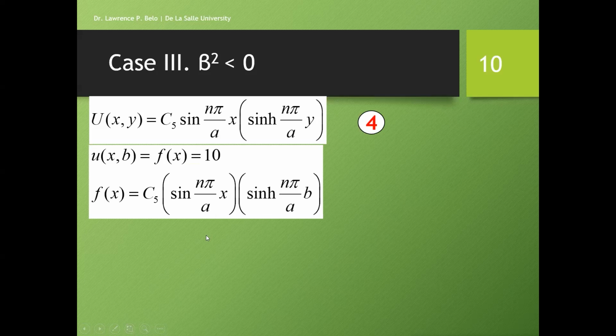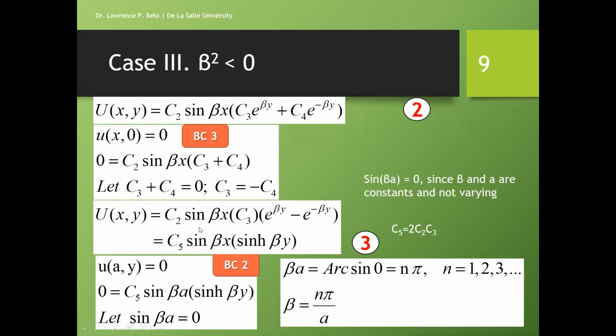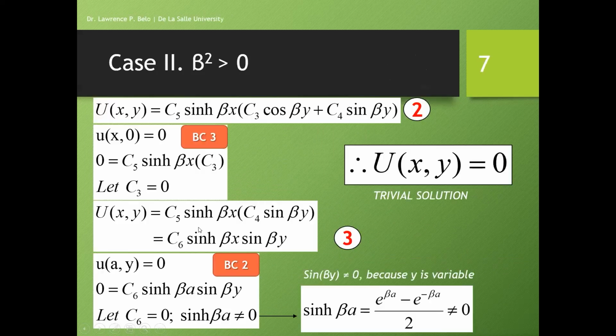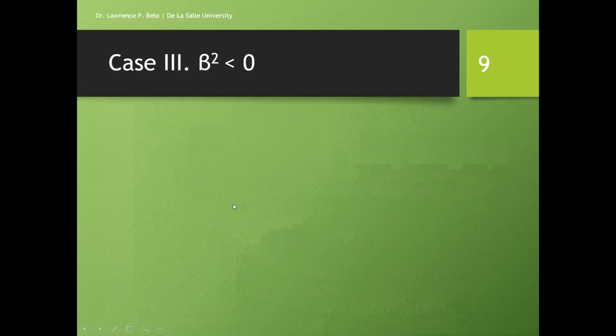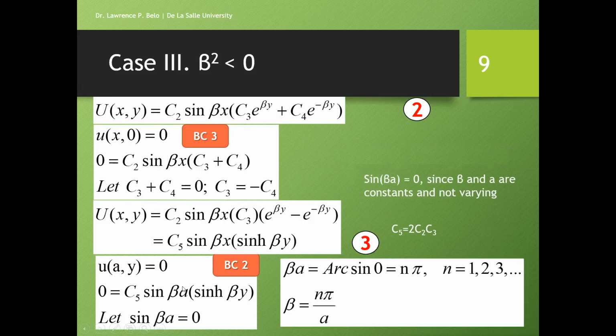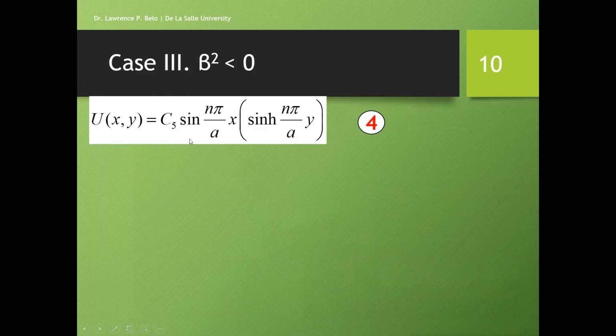So, kasi dito, look oh, in the other cases, case number 2, walang ibang magzi-zero but then the C6. In this case, hindi lang yung C5 yung pwede mag-zero. Kasi alam natin yung hyperbolic bawal mag-zero. But can sine BA be 0? Yes, it can be. Diba? So, hindi siya naging trivial solution.